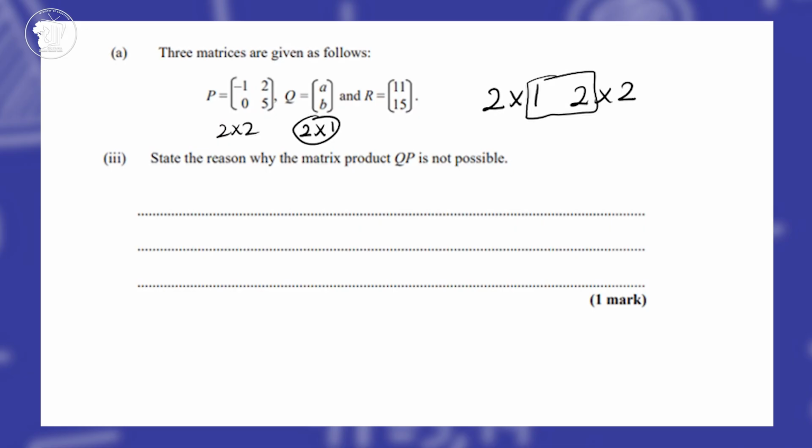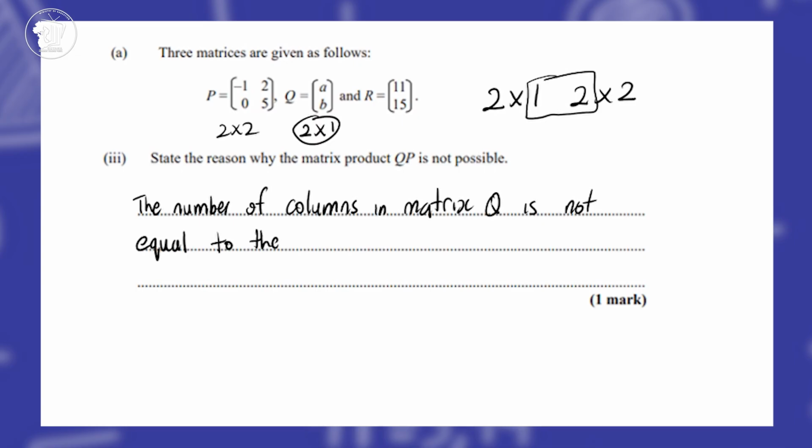So we can say the reason would be the number of columns in matrix Q is not equal to the number of rows in matrix P. Hence, they are not compatible for multiplication.